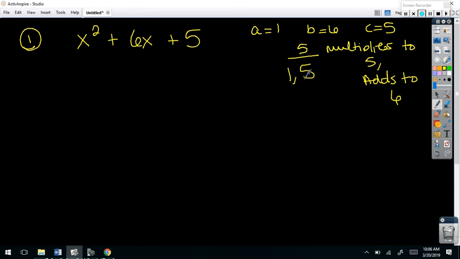So I'm going to take that middle one and I'm going to rewrite it as 1x and 5x. No, I'll switch when I go to factor. What do I do now? All right. After you get your two mystery numbers, that's exactly right. Slash it.